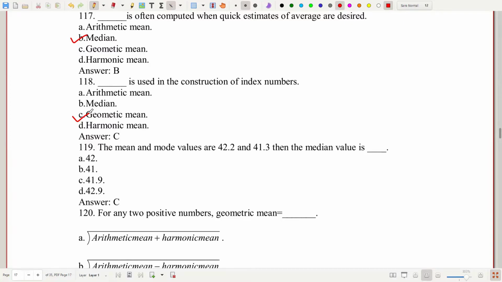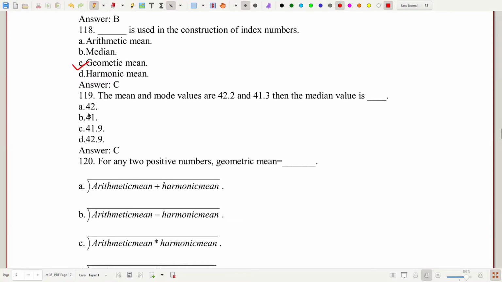The mean and mode values are 42.2 and 41.3. Then the median value is, now we know that mode is equal to 3 median minus 2 mean.